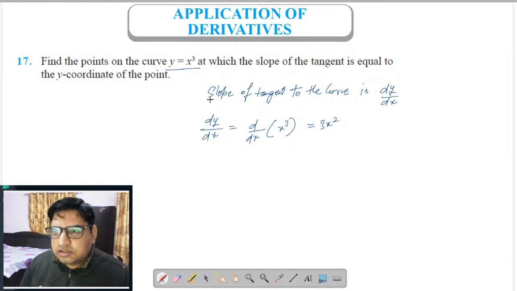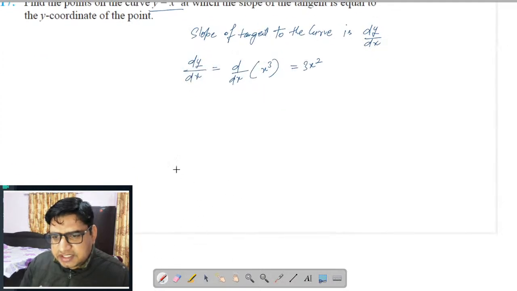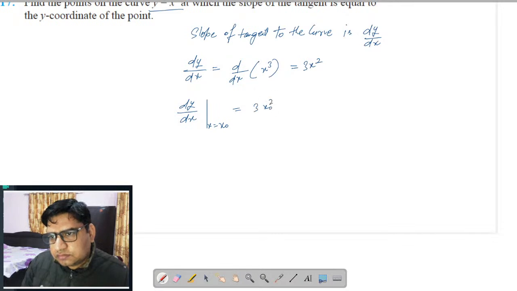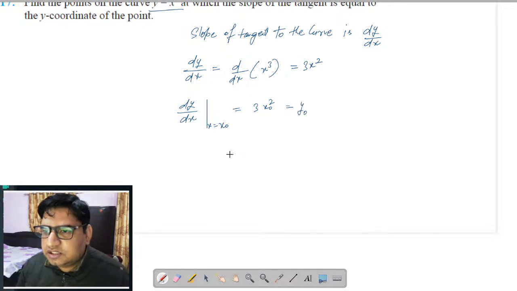And the slope of the tangent is equal to the y coordinate of the point. So that is dy by dx at x naught, which is equal to 3x naught square, and that is equal to y naught.